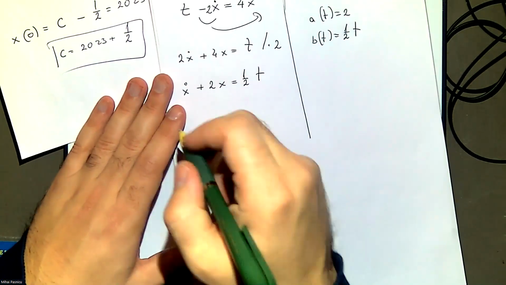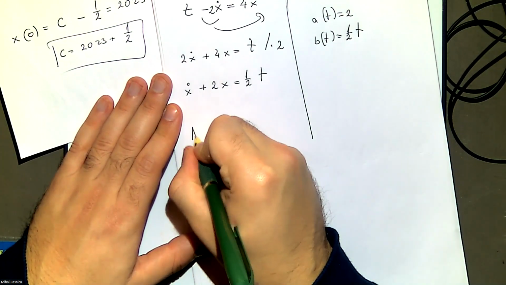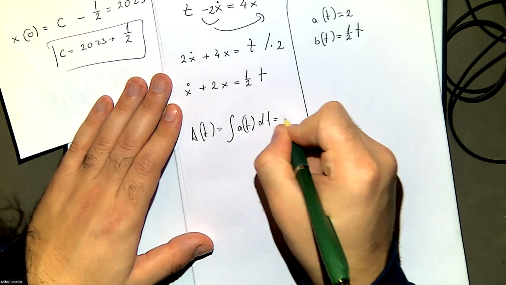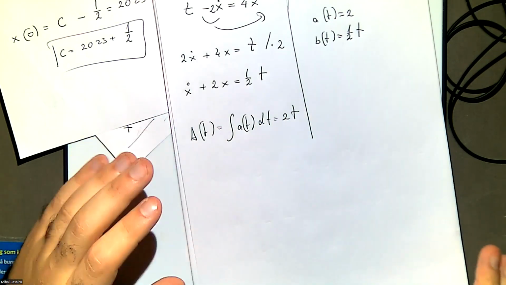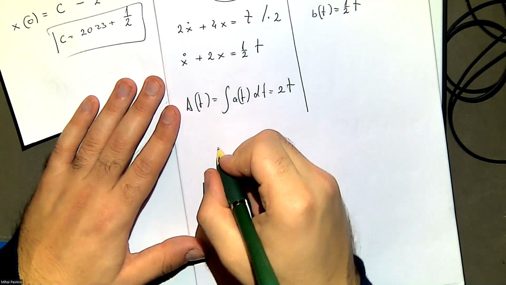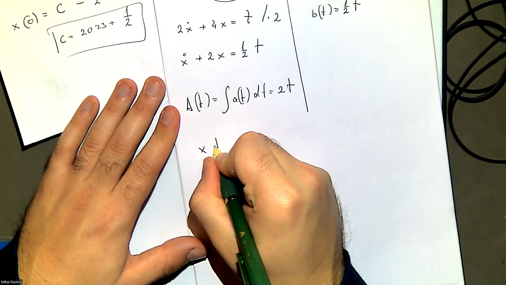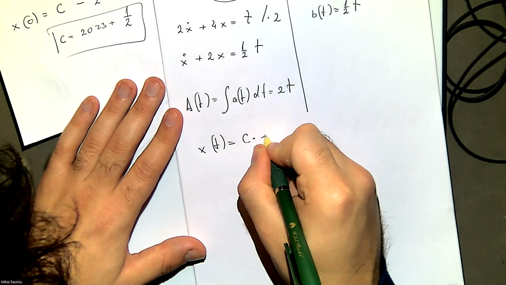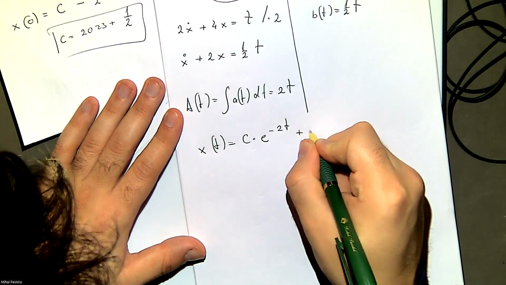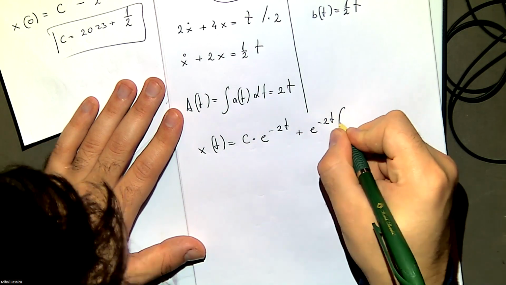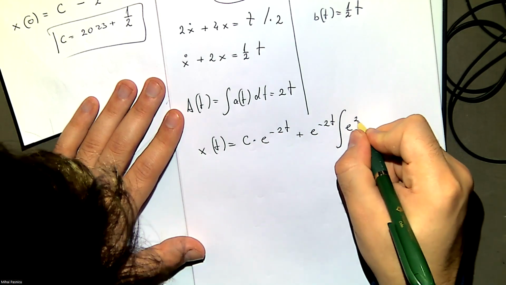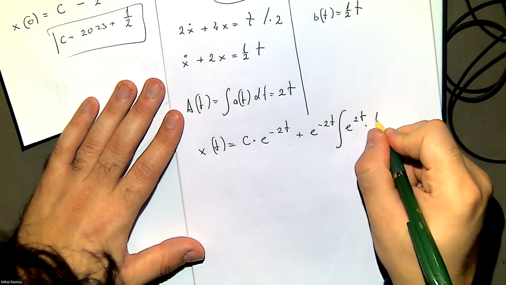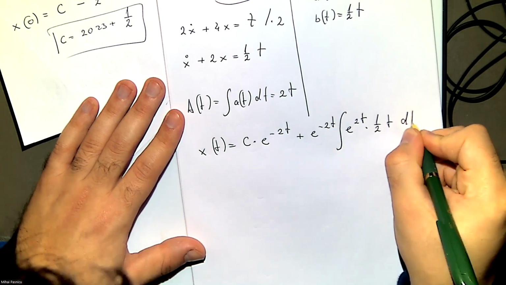So let's see. First step is I have to compute big A(t), which is just the integral of a(t), which is just 2t. That's actually pretty good. Now I just plug in the formula, and I get x(t) is equal to a constant times e^(-2t) plus e^(-2t) times the integral of e^(2t) times b(t), which is half of t, dt.